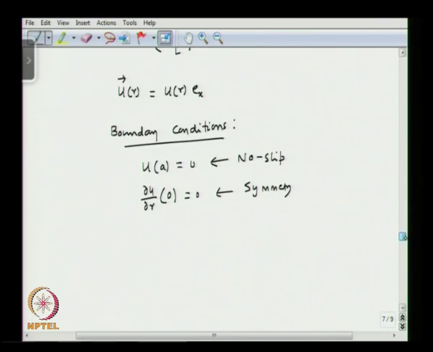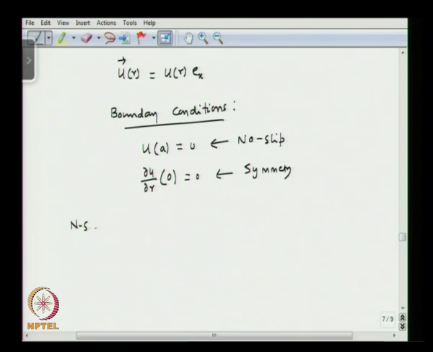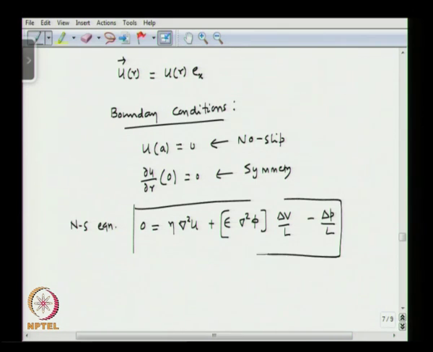Now, if you look at the equation, the Navier-Stokes equation, it is 0 equal to eta del square u plus epsilon del square phi into delta V over L minus delta P over L. So, this equation is a linear equation, okay.